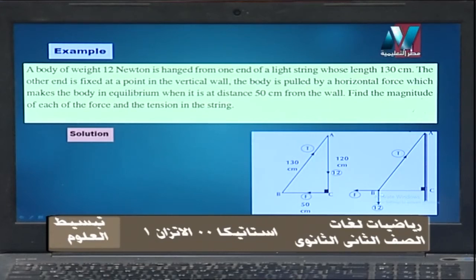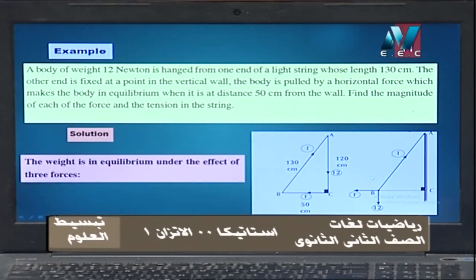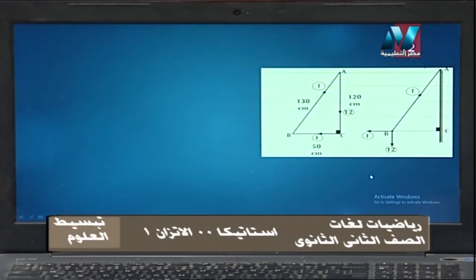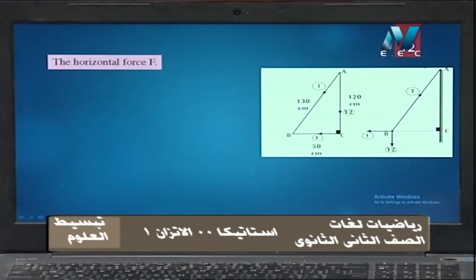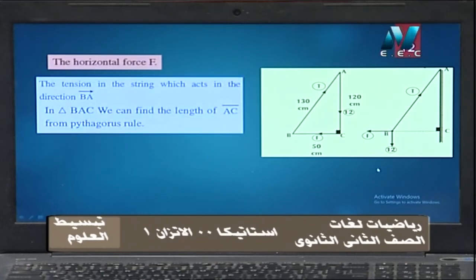And we have a force, this force pulls the body outward, and we have a string, so it has a tension here. So the body is in equilibrium under the effect of three forces: the weight, the horizontal force, which is F here, and the tension, this is the tension in the string.